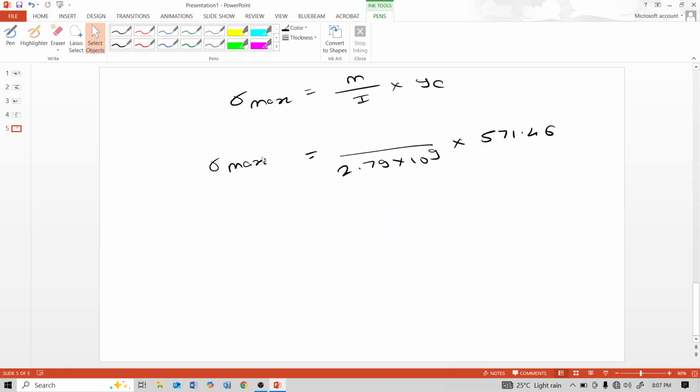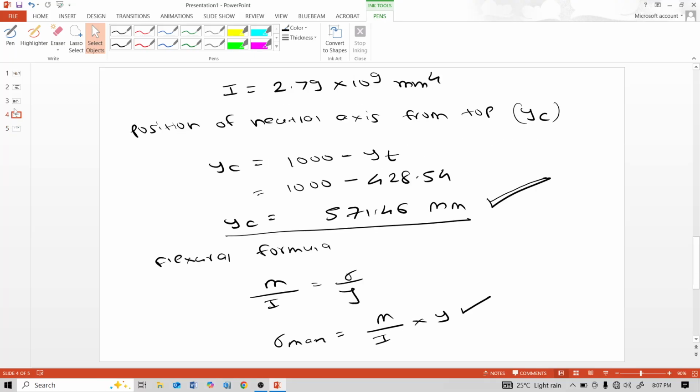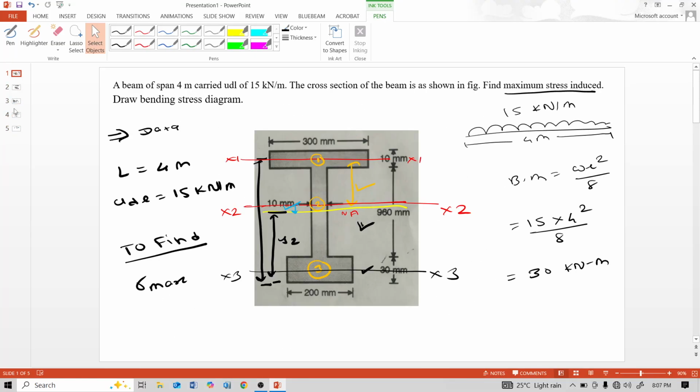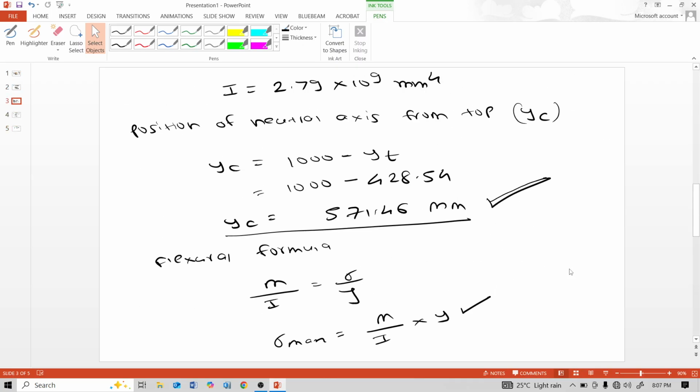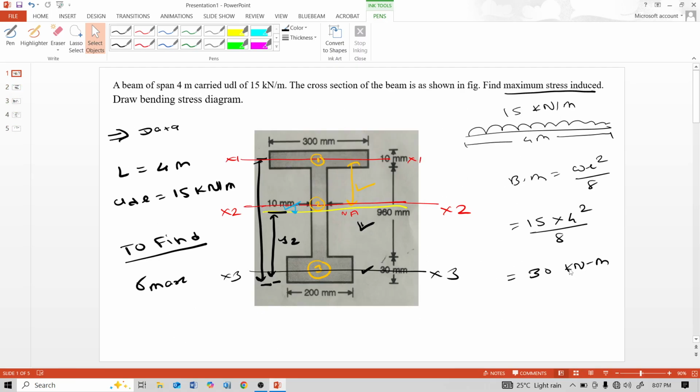Because for conversion of kilonewton, multiply 10 raised to 3, and for conversion of meter multiply again 10 raised to 3. That means 30 into 10 raised to 6.